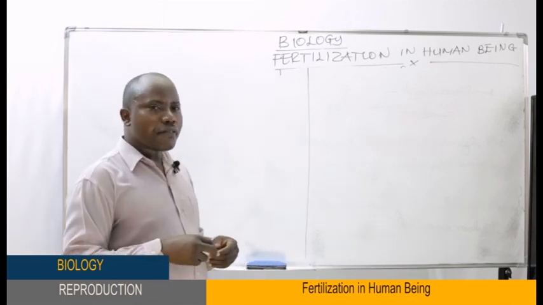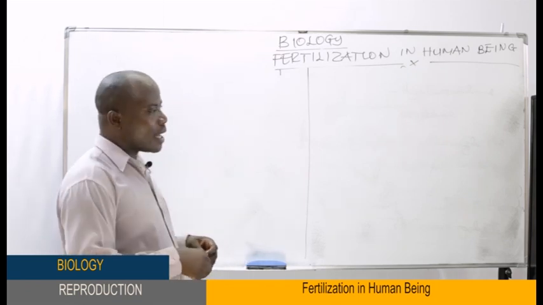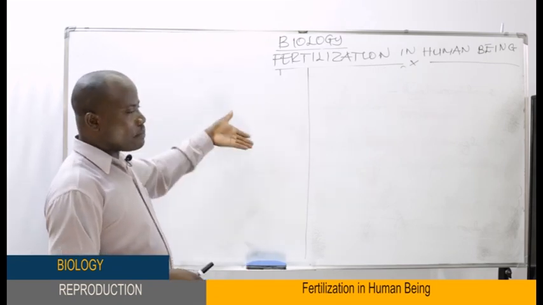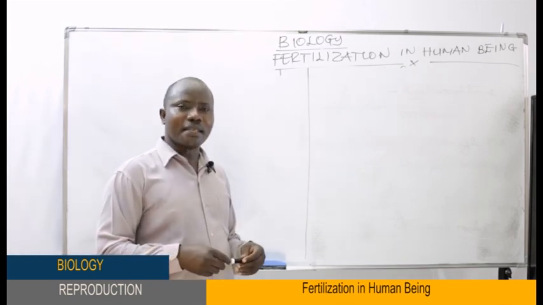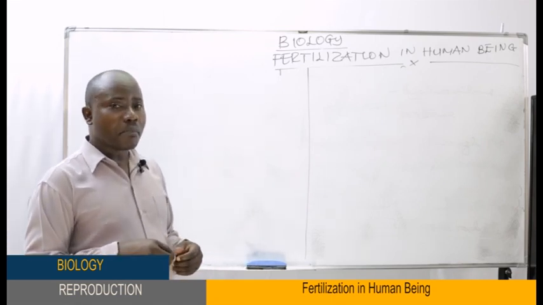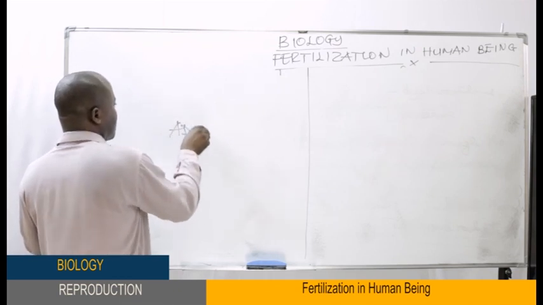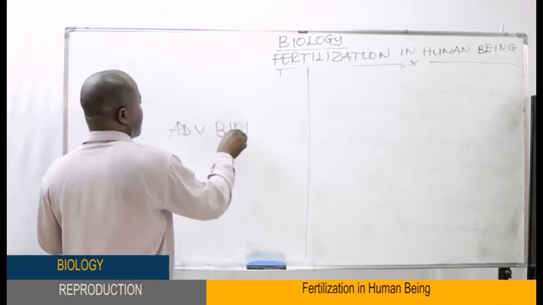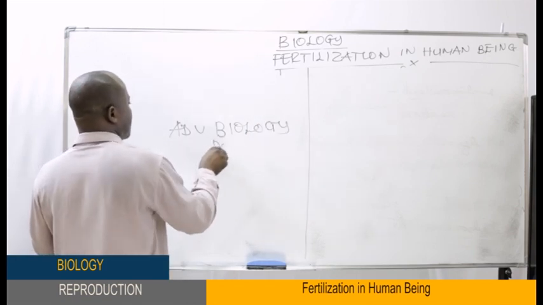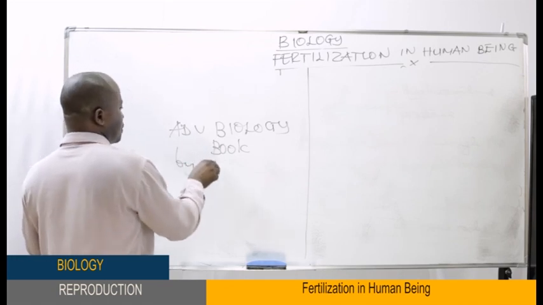To get more information about fertilization, and in particular the arrangement of different stages as I presented to you here in the beginning, you just visit the Advanced Biology book by Michael Kent.